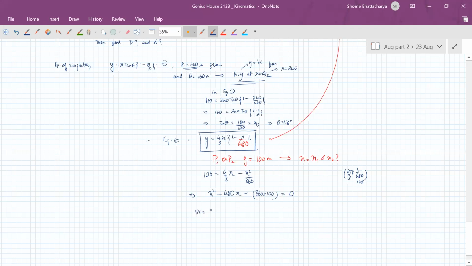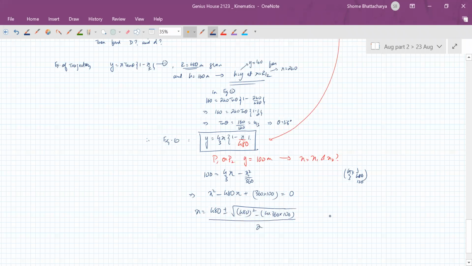So x will be equal to 480 plus minus the square root of 480 square minus 4 into 360 into 100, divided by 2.